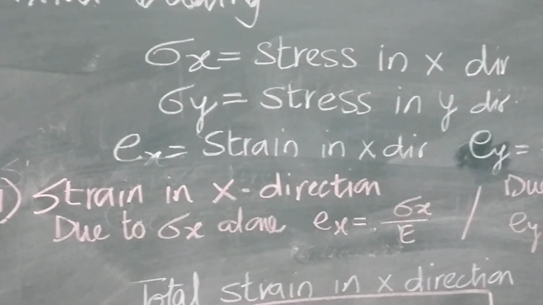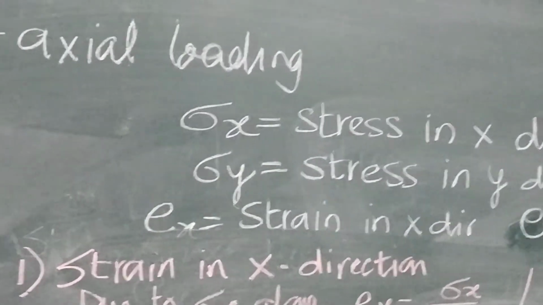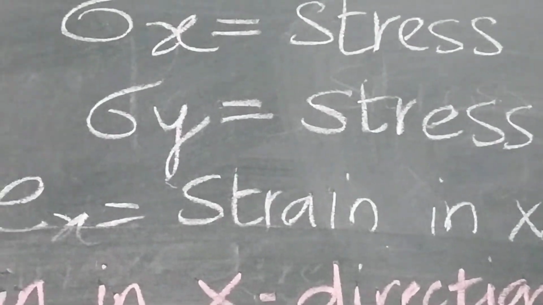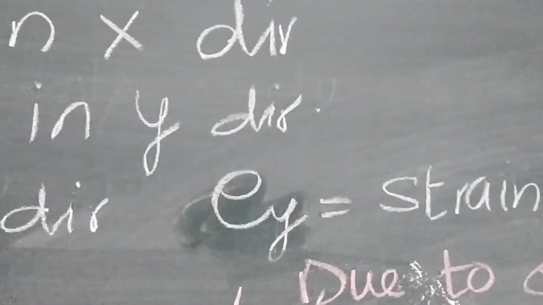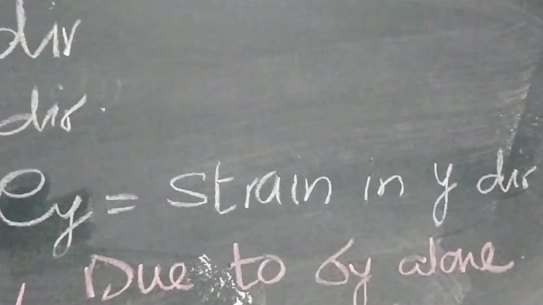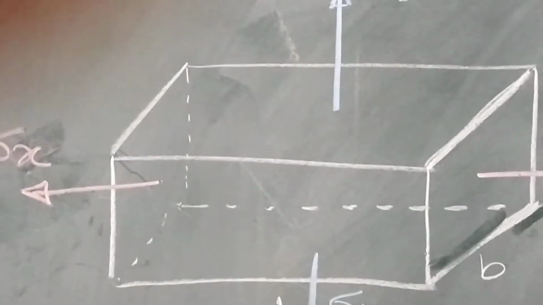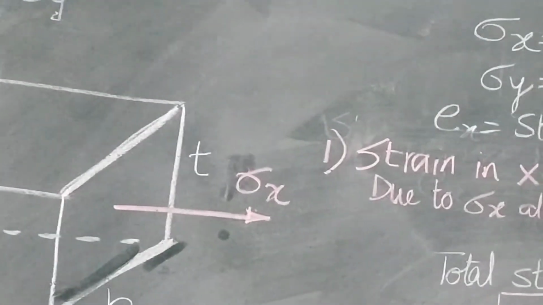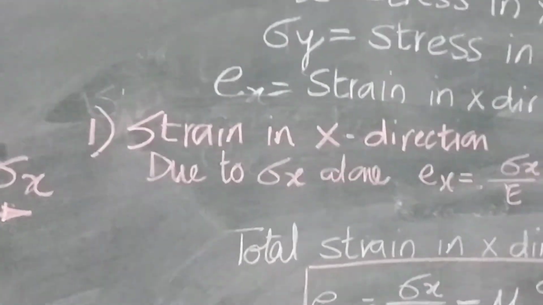Similarly, Ex is strain in x direction and Ey is strain in y direction. Our previous discussion is also valid here. When a pull type of force is applied here in x direction, then length will increase and breadth and thickness will get reduced.